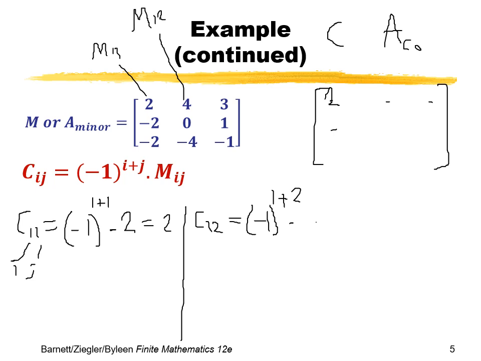Negative 1 power 3 equals negative 1. Negative 1 times 4 equals negative 4. So the cofactor here will be negative 4. So it changed sign. Here the minor was 4, while the cofactor is negative 4. They both have the same absolute value, but not the same sign.